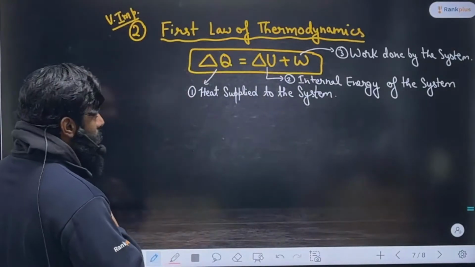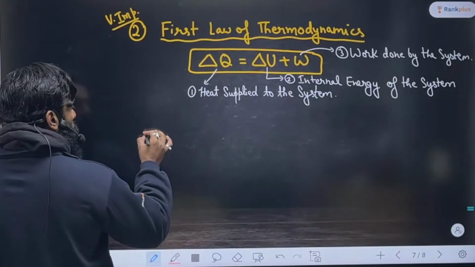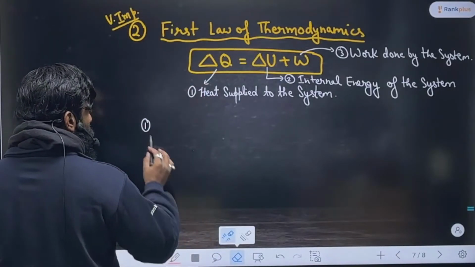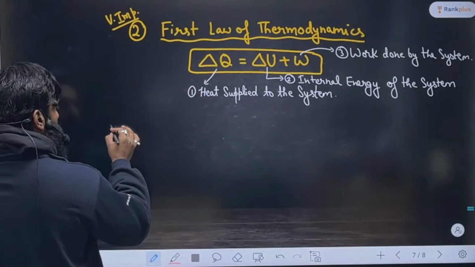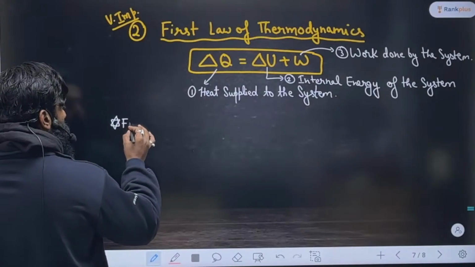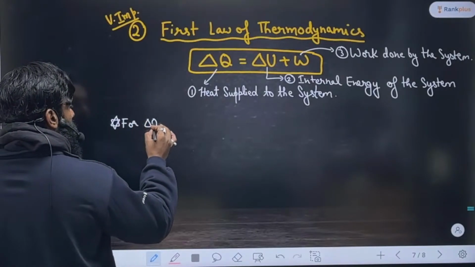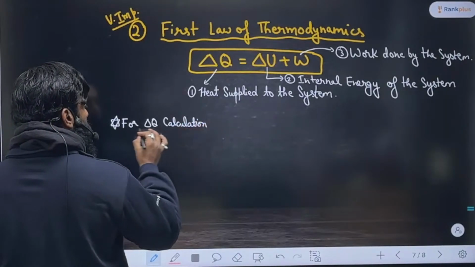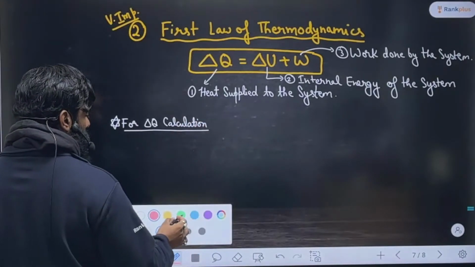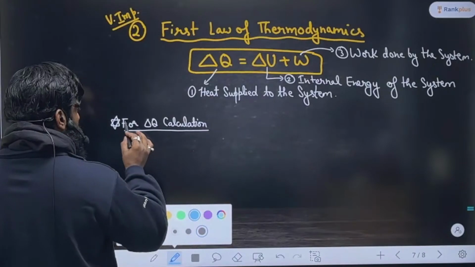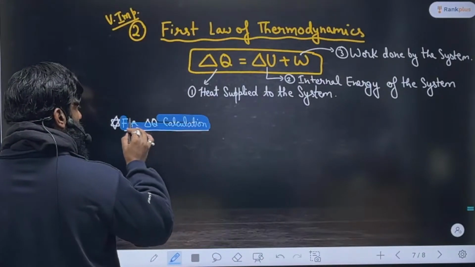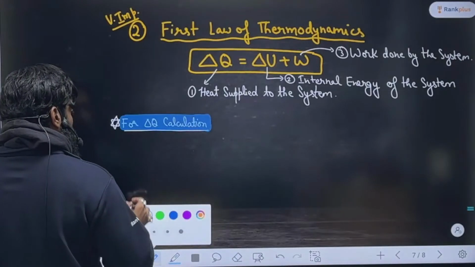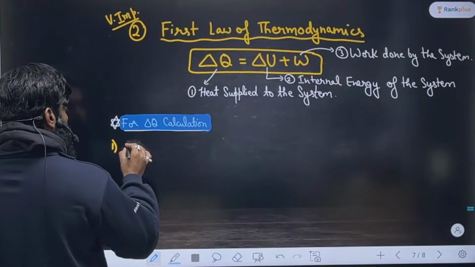Like if I just wanted to calculate the amount of heat, so for the calculation of delta Q, there are multiple ways to calculate delta Q. The first one is heat capacity.